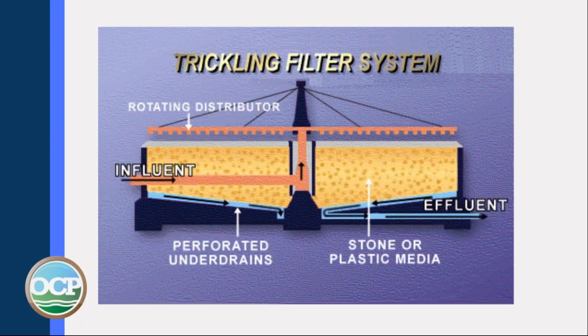At the same time, your underdrains are allowing air to come up through the media. So the bacteria have air, the oxygen they need to use the BOD as food.